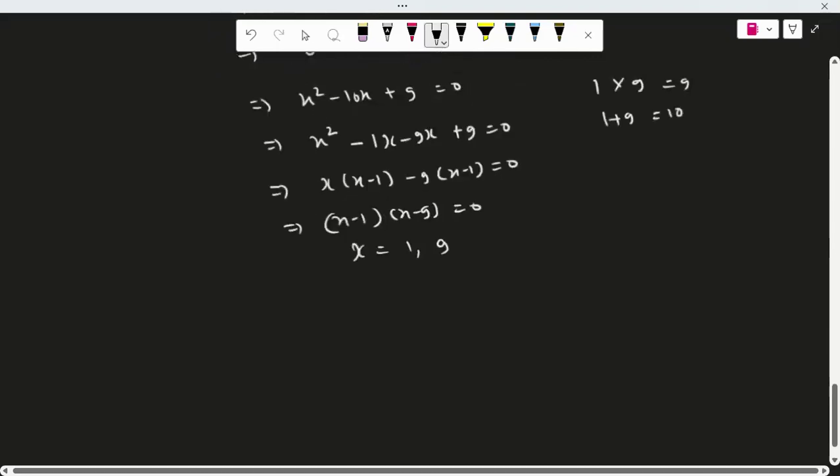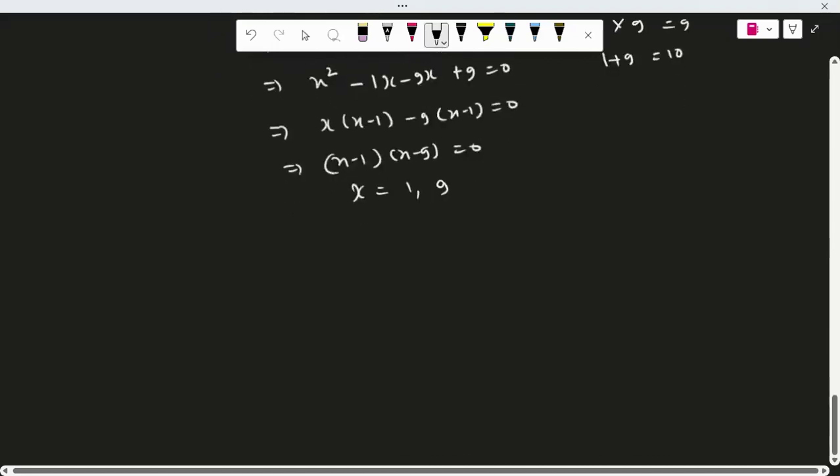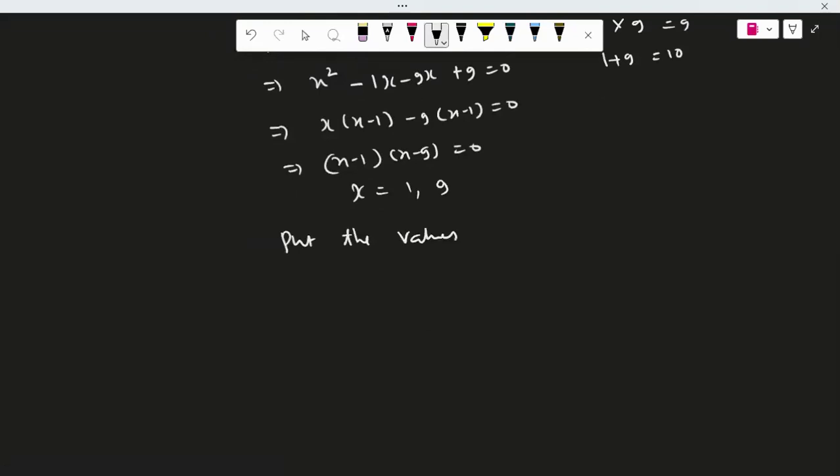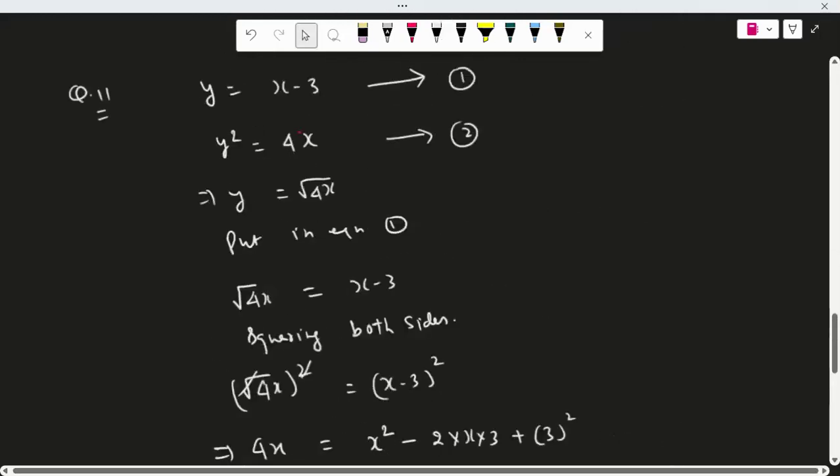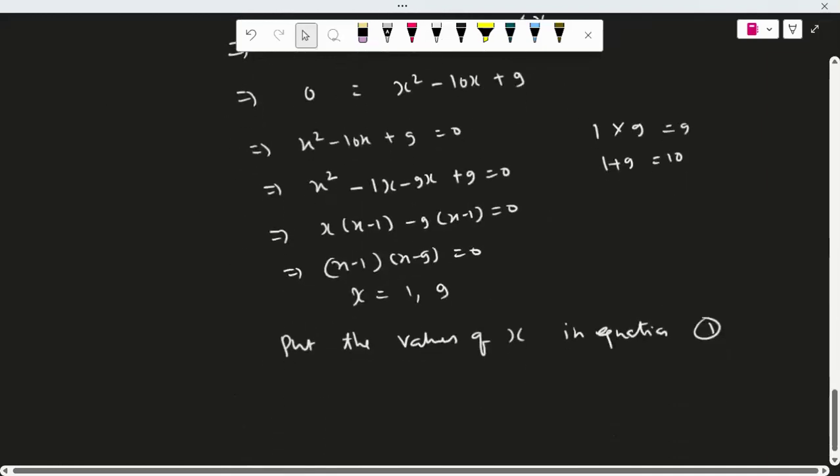Now put these values of x in any of the equations, in fact, equation 1. Equation 1 is y equals x minus 3.